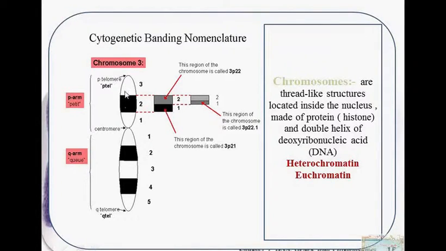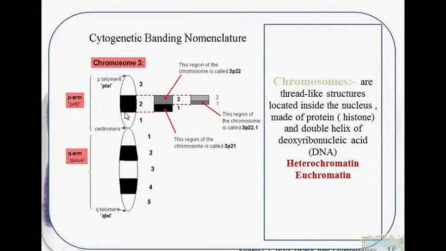So basically a chromosome is numbered. Every chromosome, all the 23 chromosomes, has a number starting from 1 to 23. Each of the chromosomal arms, like one sister chromatid, is again split into a short arm and a long arm.